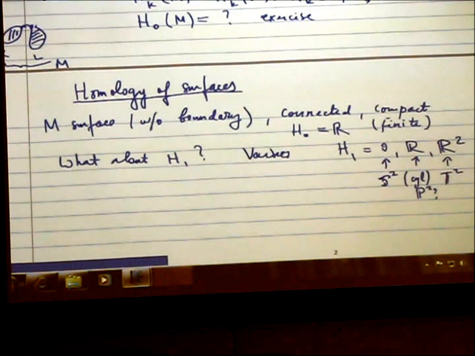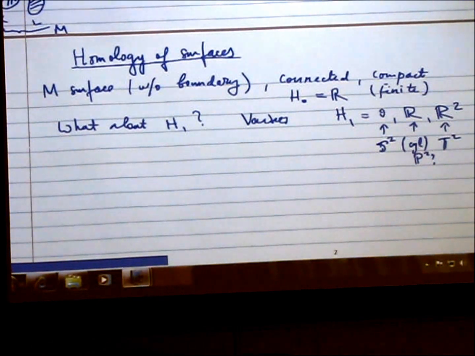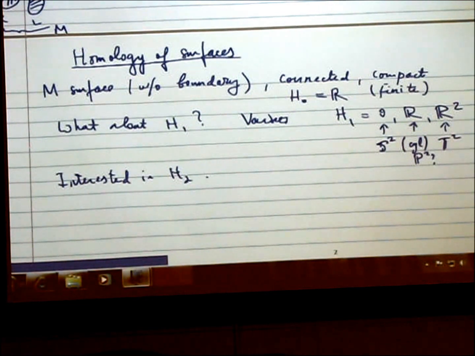Anyway, that's not really what we care about. We are interested in H2. In other words, something that surfaces have in common rather than what they have different. Just like H0 is equal to R for a connected complex if it is a surface without boundary. What about H2?